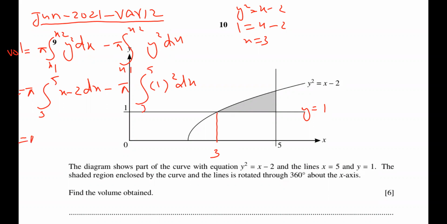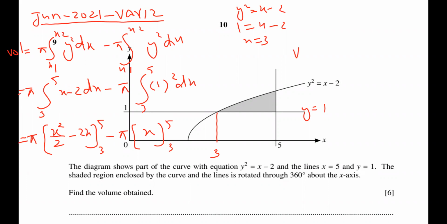Now it's just a matter of solving. Increase the power by 1 and divide by 2, because it is a simple x, and this 2 becomes 2x, with limit 3 to 5. This is called curve integration. And 1 squared is 1, and the integration of 1 is x only, from 3 to 5.